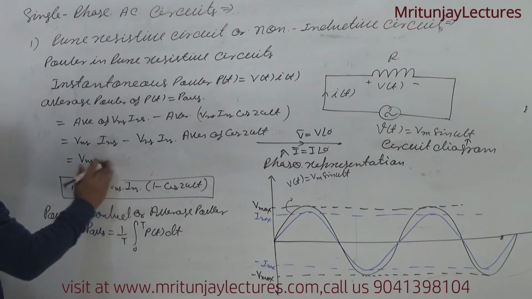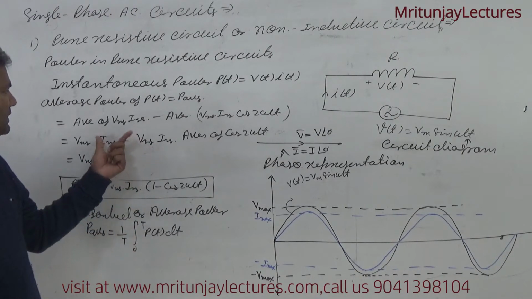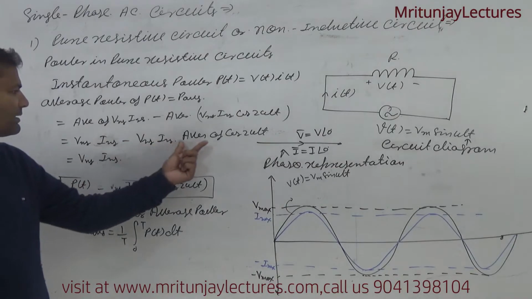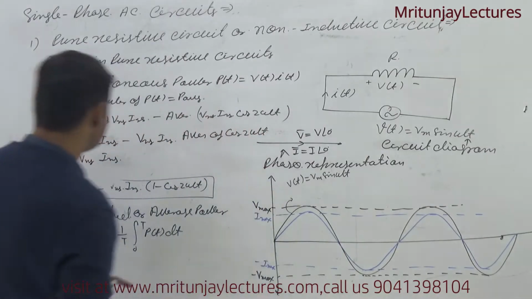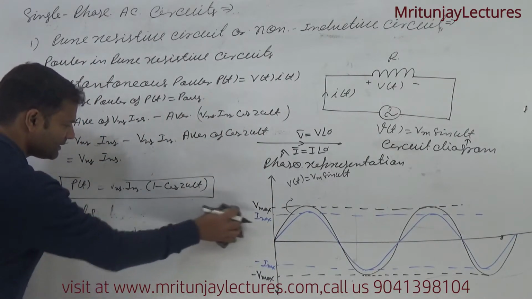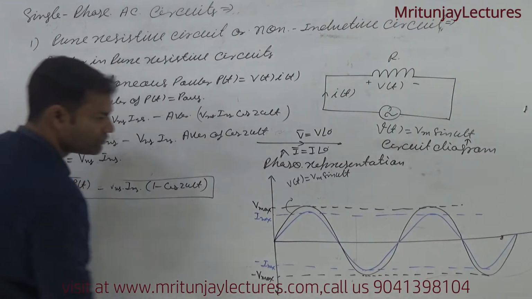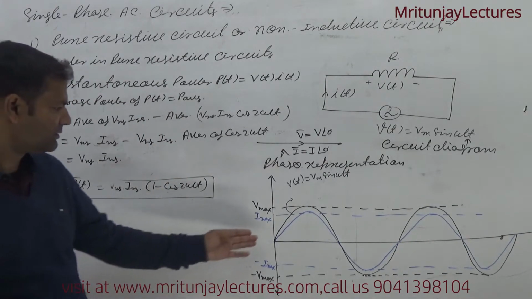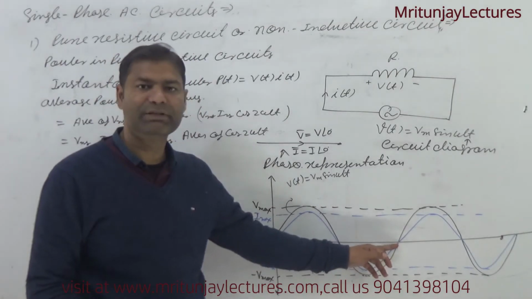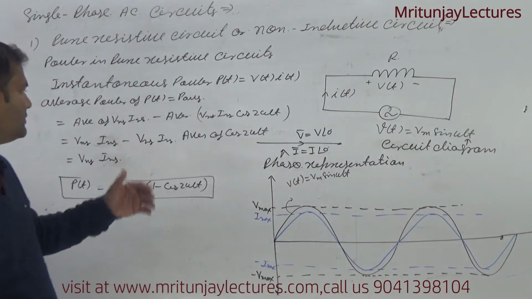Okay, so for P average we put this value here; this is constant, and corresponding to this one we get 0 after integration. Very simple: the average of cos 2 omega t or sin 2 omega t is always 0. Same as sin omega t, whose average over one cycle is 0, so similarly cos 2 omega t is also 0.